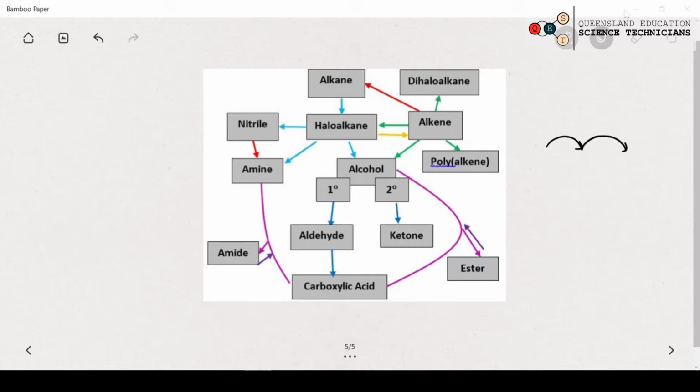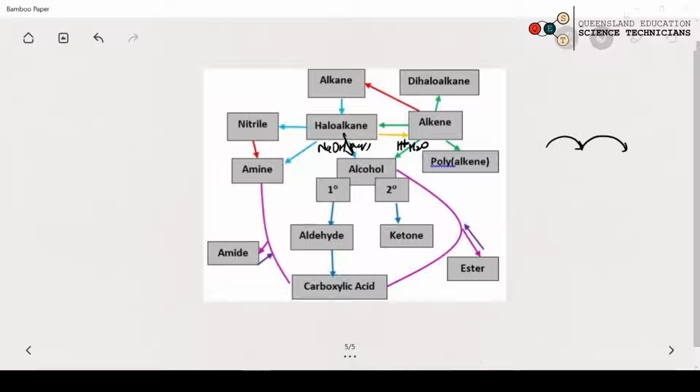To make an alcohol, I can actually have two different routes. I can come from a haloalkane where I would have added sodium hydroxide in water, aqueous, or I could have come from an alkene where I needed that strong acid catalyst. And I also needed water.